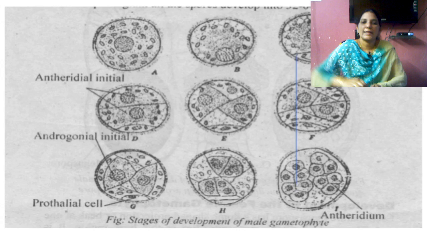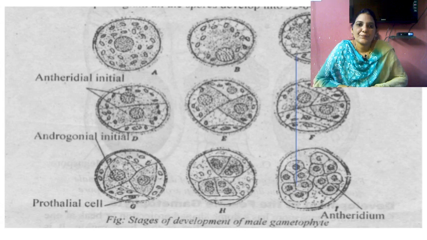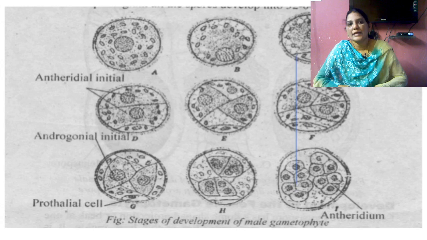The microsporangium turns into one antheridial primary initial. The antheridial primary initial divides into two cells, an upper cell and a lower cell. The upper cell is called the antheridial cell and the lower cell is called the basal cell.